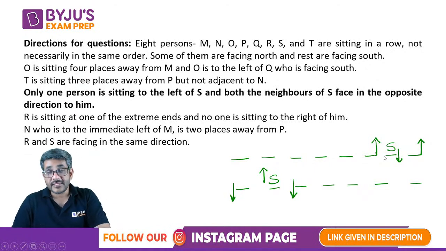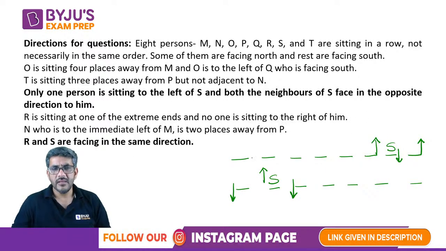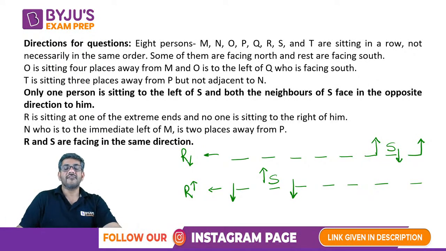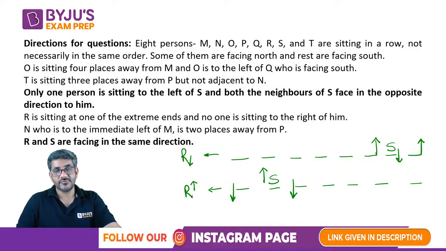Okay, next, what should I use now? The next is that R and S are facing the same direction, so I'll keep it separately. In the first scenario, I can say R is also facing in this direction. In the second scenario, R is also facing in this direction, because R and S are facing the same direction. So these are the 2 possibilities. I hope this is also clear.